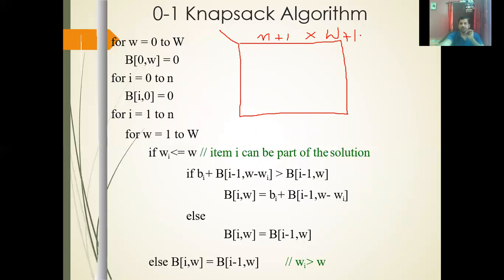So that many number of columns we should have. So the rows will going to be n plus 1, and columns should be capital W plus 1.